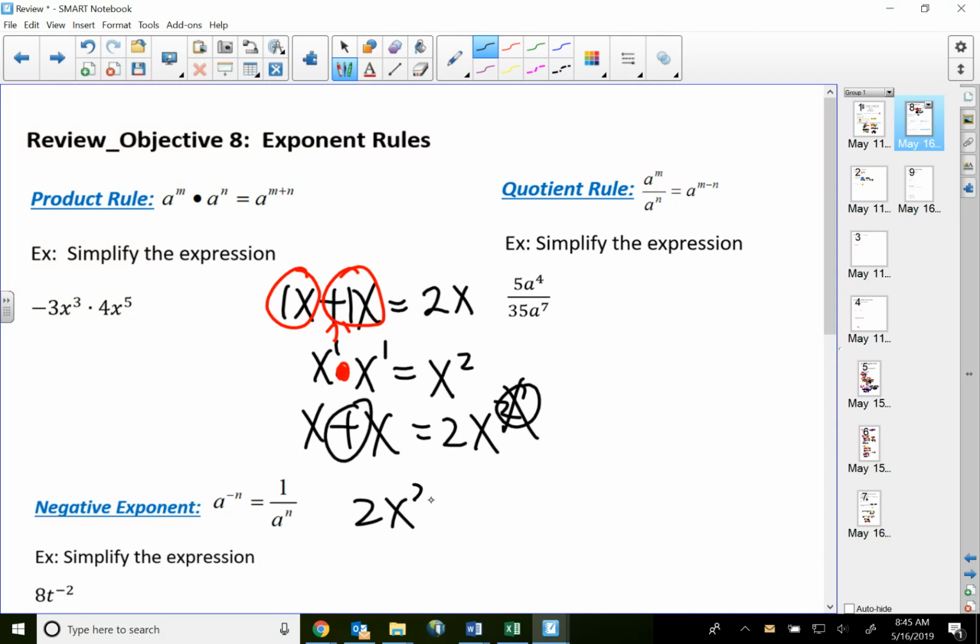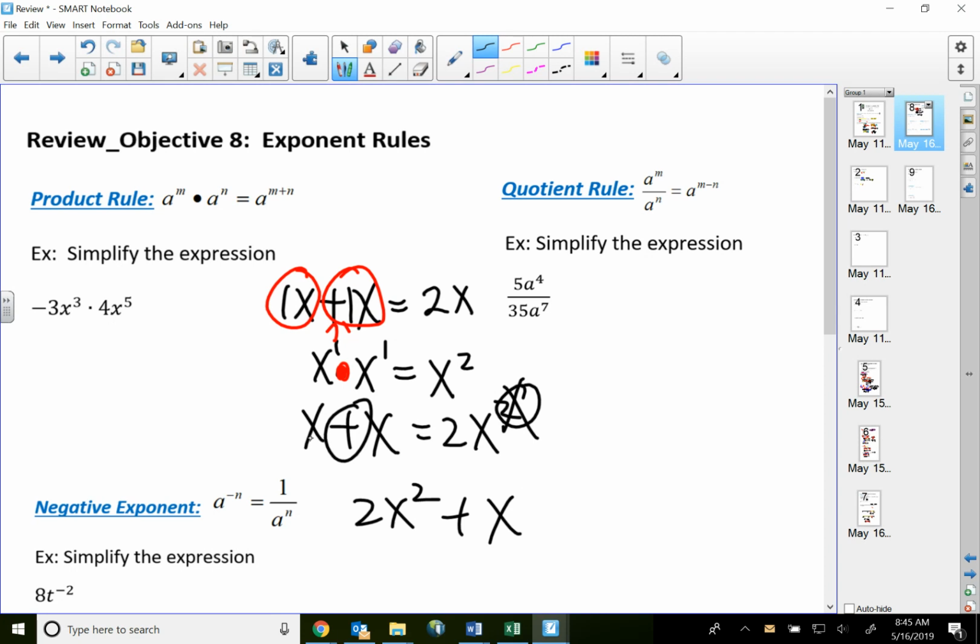So if I have 2x squared plus x, these two terms are not like terms because one of them has exponent 2, the other has exponent 1. To be like terms, you have to have the same variable and the same exponent in order to combine them.